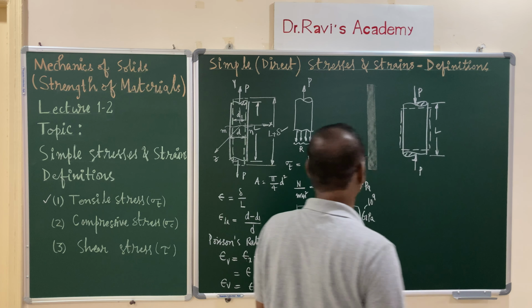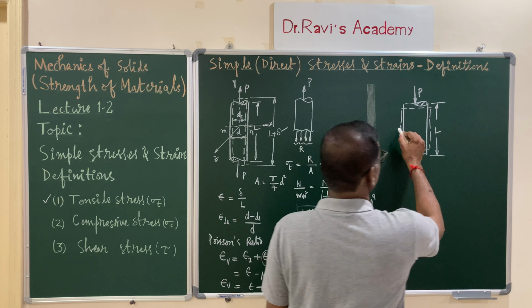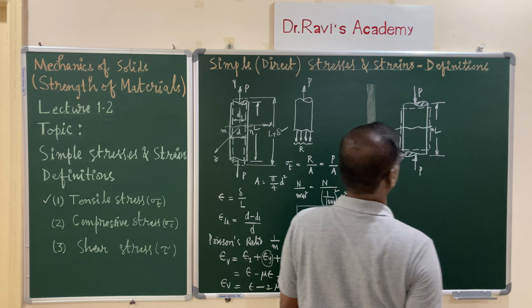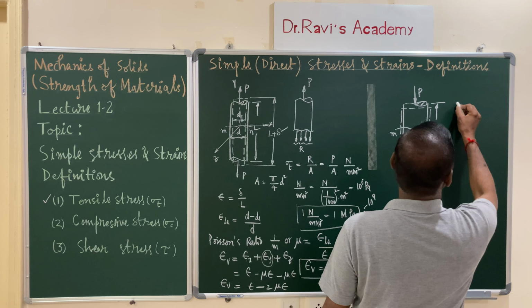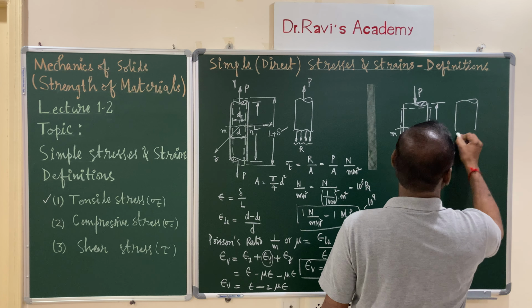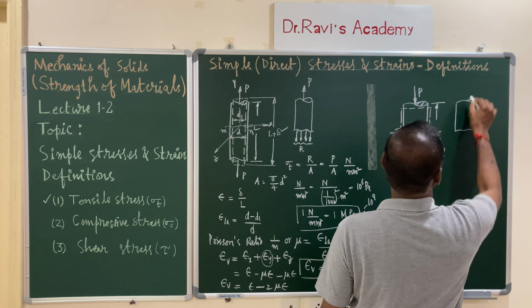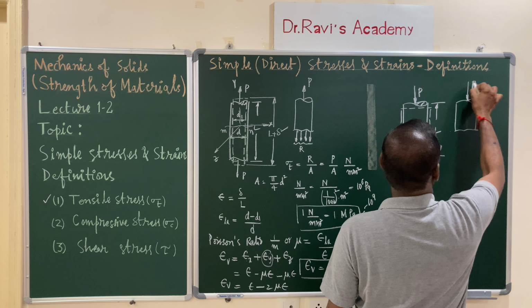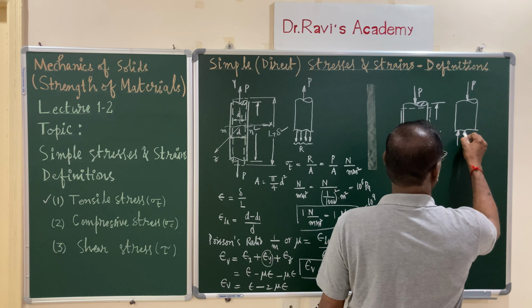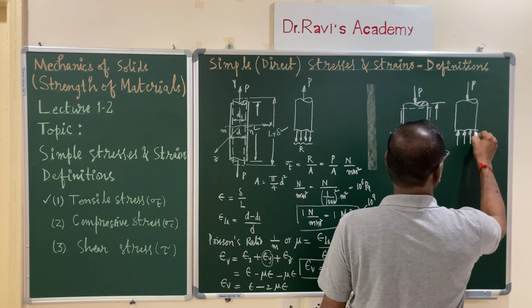Now you can consider the free body diagram at a section Mn, and here the stresses developed, or you can draw the free body diagram from top to Mn section. Here P is acting downwards, and the resistive forces opposite to the direction of the loading are developed in the material.